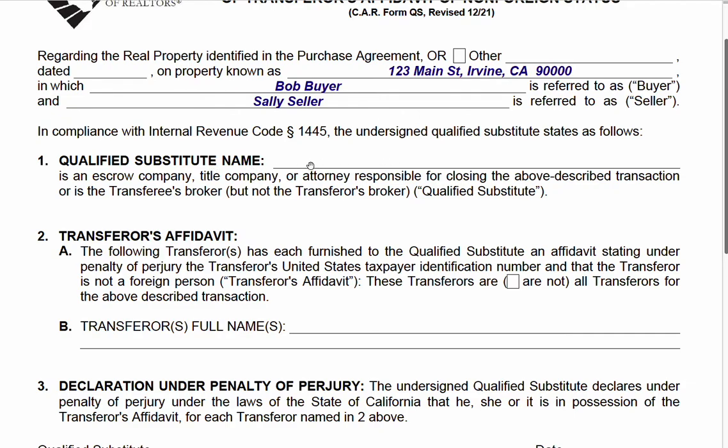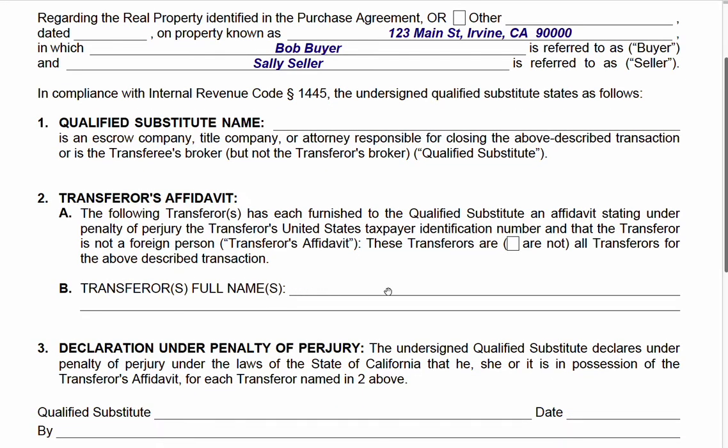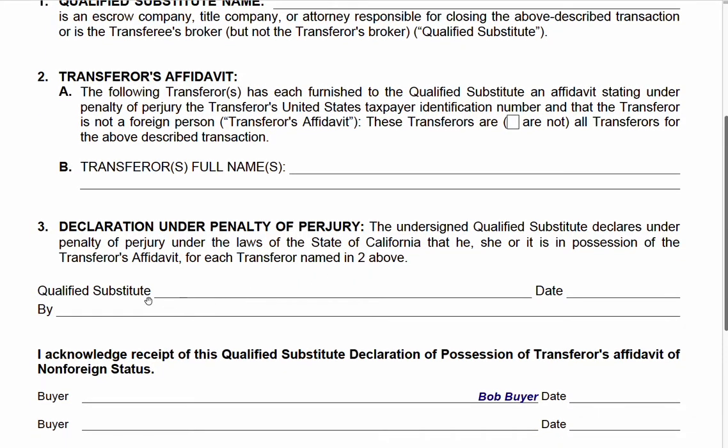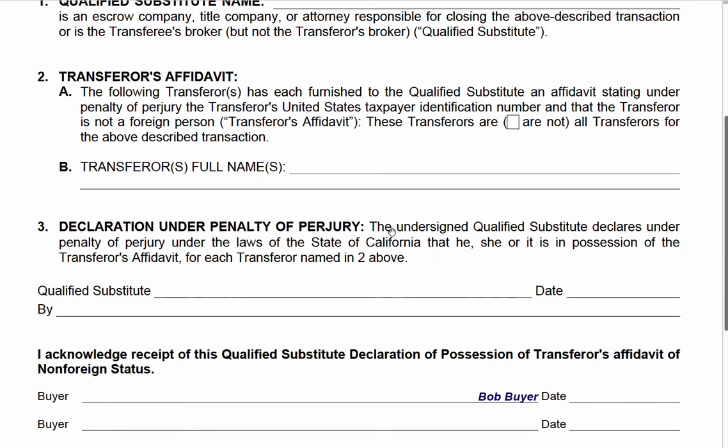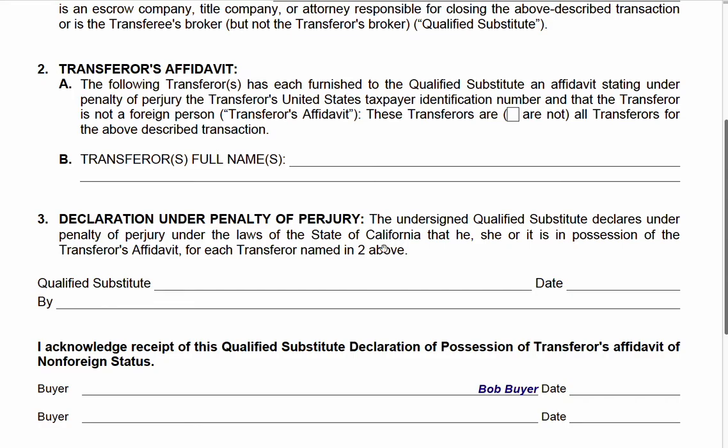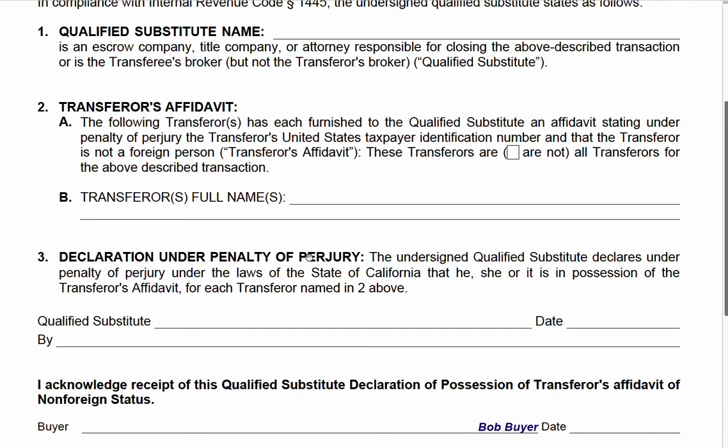Escrow will put their name here, we're ABC Escrow or Title, and then they'll put the name of the transferor, that's the seller, the party transferring property. Escrow is a qualified substitute, qualified to substitute as showing that they have possession of the affidavit.